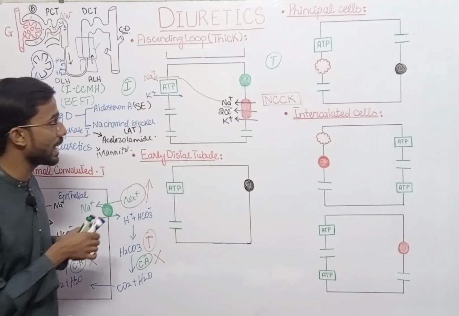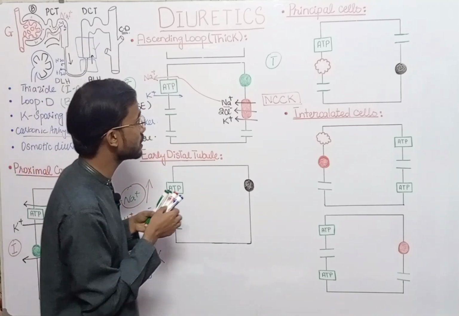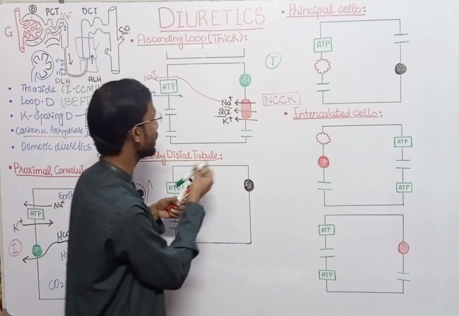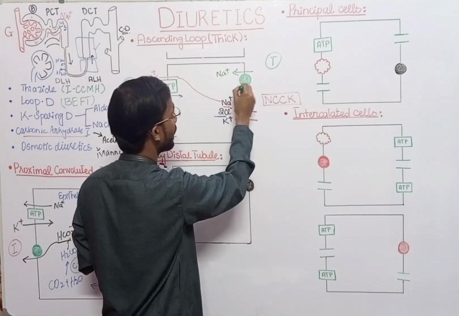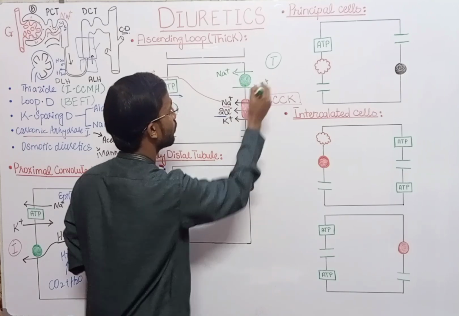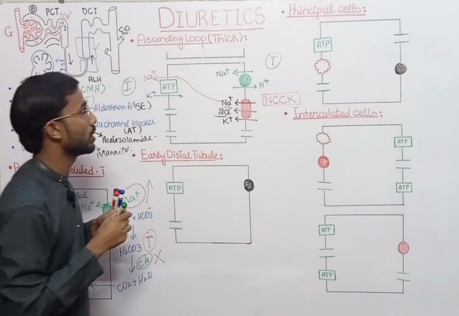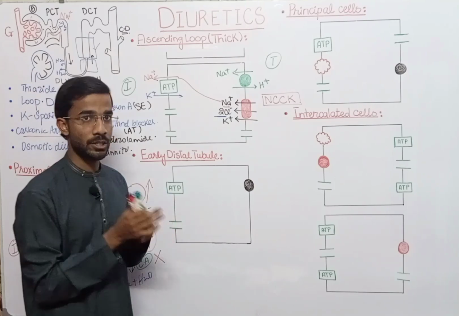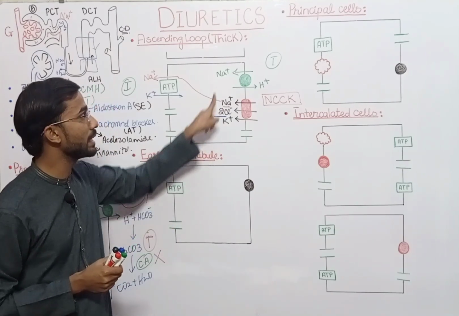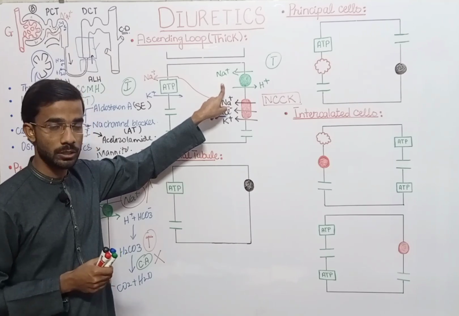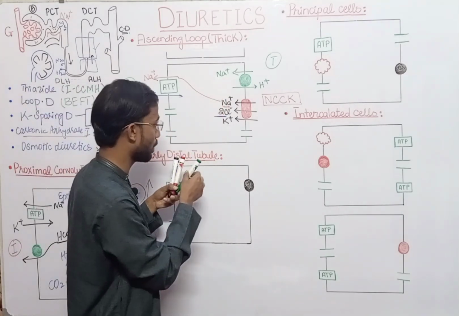And next, sodium can also move inside while H positive moves outside the cell. So sodium has two paths. It can move through this transporter, and it can also move through that transporter. So sodium has two pathways.